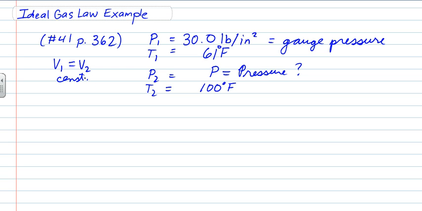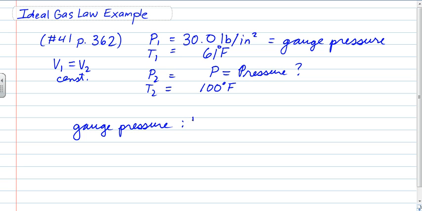Now, before we can apply the ideal gas law to this, what we have to do is add in what's called the gauge pressure. In other words, whenever it says gauge pressure, to get the true pressure you have to add 1 atmosphere.